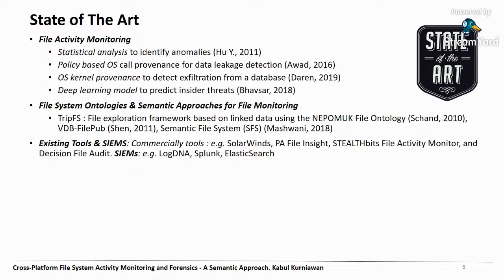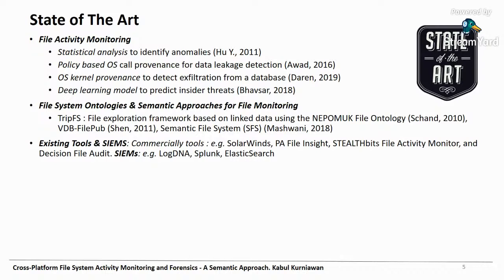And also a policy-based operating system cost provenance for data leakage detection by tracking operation performed on sensitive files, and also an approach that leverages the data provenance information from OS kernel messages to detect exfiltration of data returned to users from a database, and also a deep learning model to predict the insider threats.